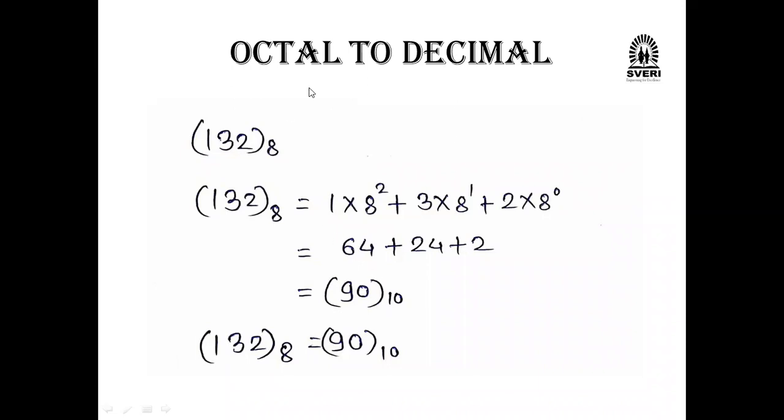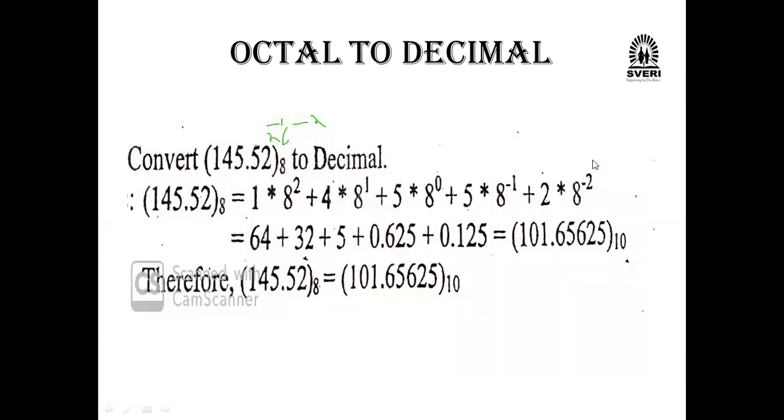If there is a point in between, suppose it is 132.26, then use 8 to the power of -1 and 8 to the power of -2 for those digits. Is it clear? Yes, sir. This is how we consider octal to decimal here.